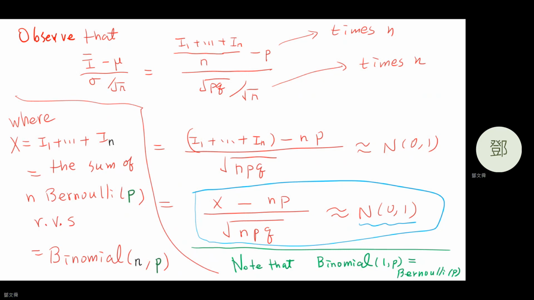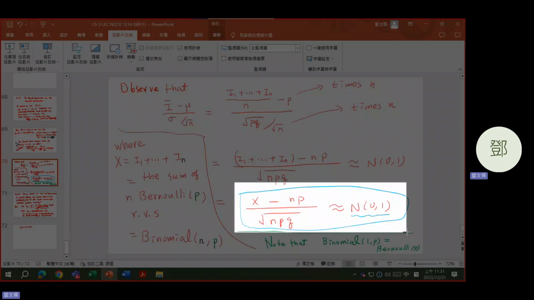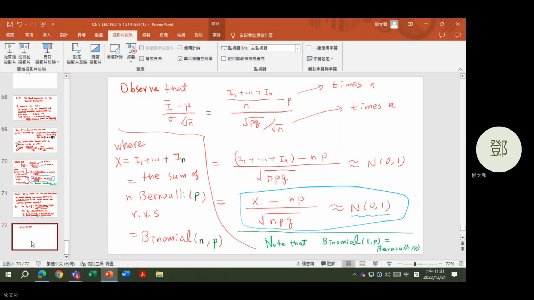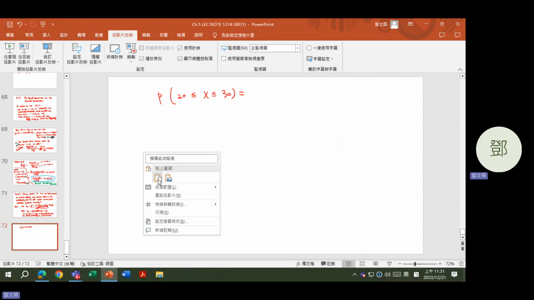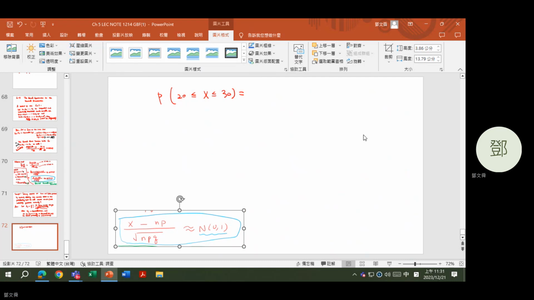So let us standardize. Let me make a screenshot here. This is what we need, because we need to standardize. I'm afraid you will forget the formula. It's very dangerous.